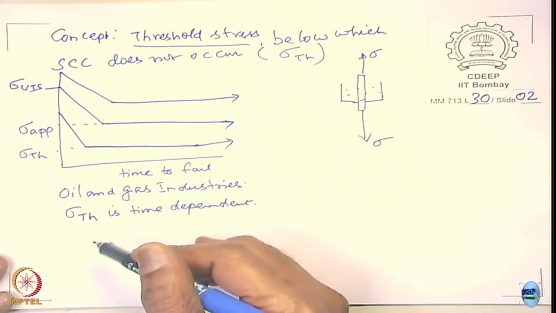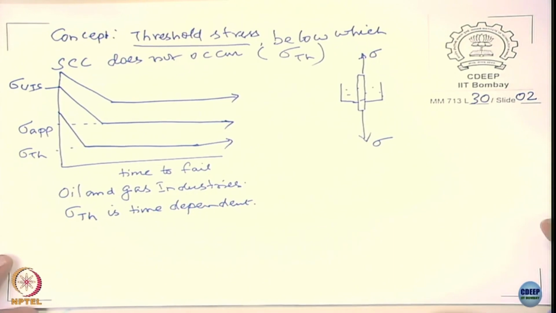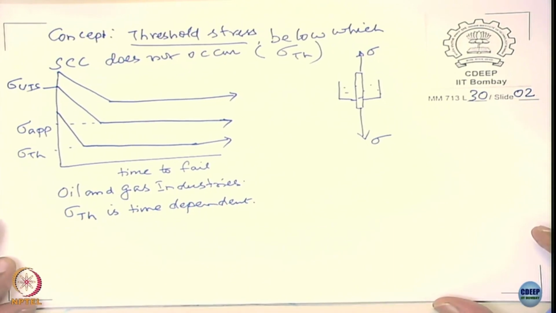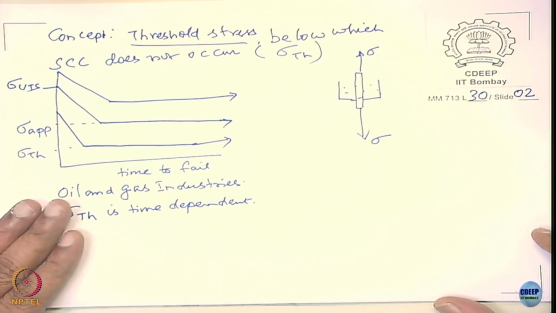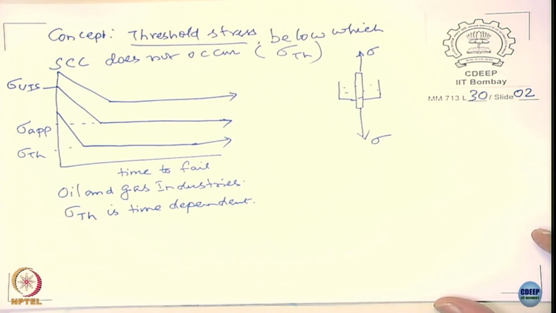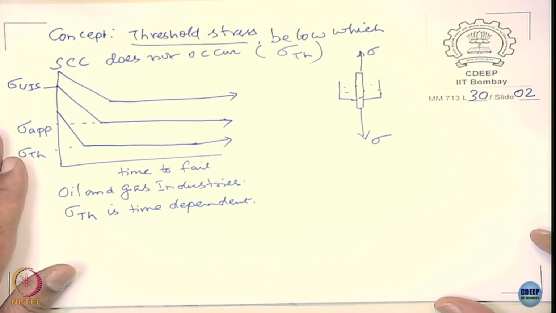So this is not an ideal parameter, but it is used as an engineering parameter to determine the applicability of a particular material, especially in the oil and gas industries. We will come back to this later, and this concept is not used in the nuclear industries, and again I will talk about it later, why it is not used in the nuclear industries.